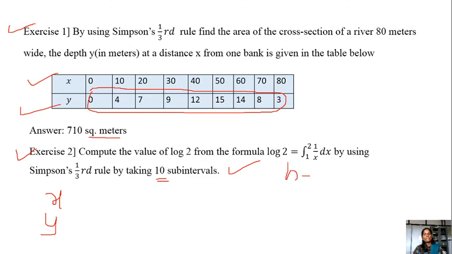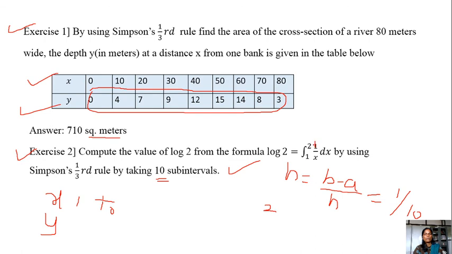First write down h is nothing but b minus a divided by n. b is the upper limit, 2, minus the lower limit, 1, over 10. So h is 1 by 10. Here the first argument is 1, then 1 by 10, then 2 by 10, then 3 by 10, and so on up to 2, and you have to compute the respective values.